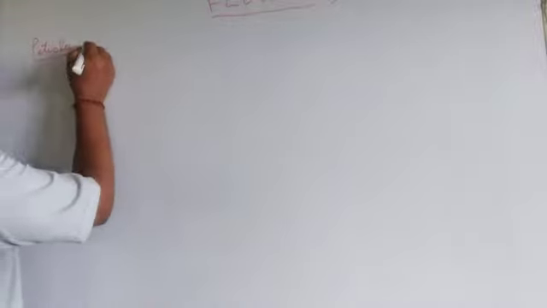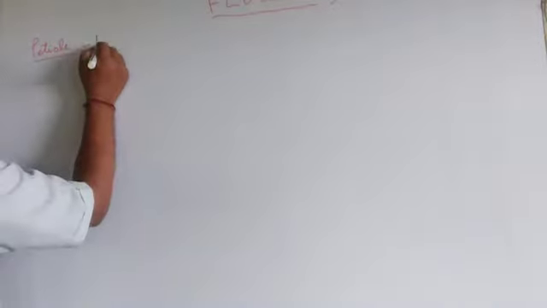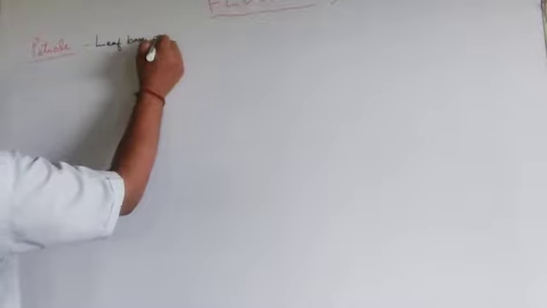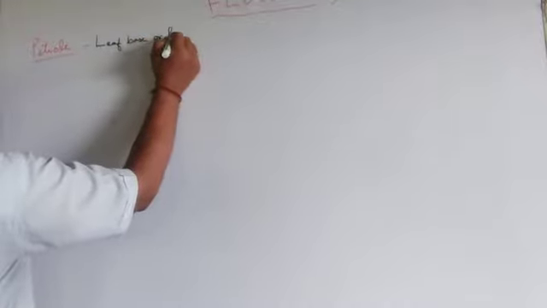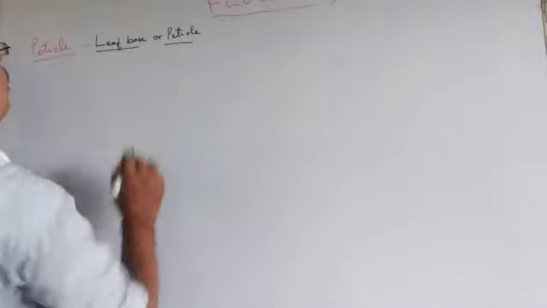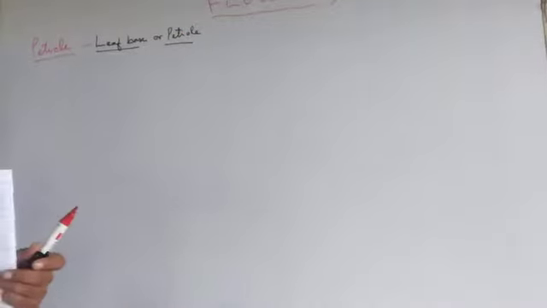What is petiole? Right? Leaf base or petiole is the part of the leaf. So how to write the answer to this one? Petiole is leaf base or petiole. Leaf base or petiole, they are nearly the same. Right?